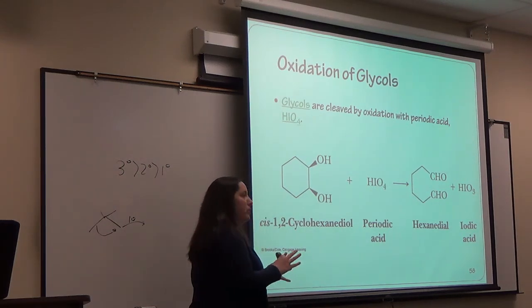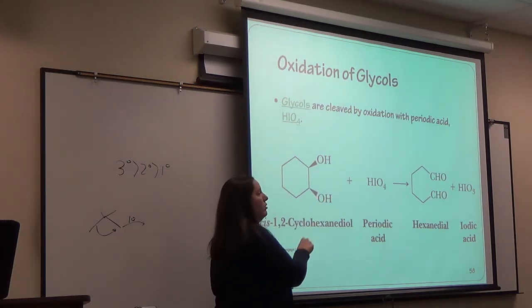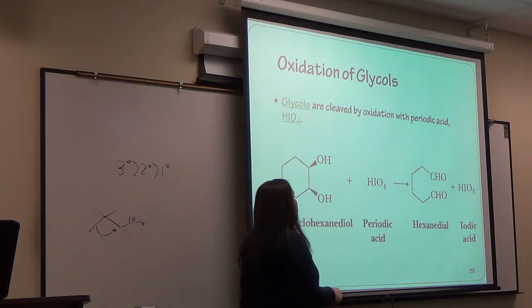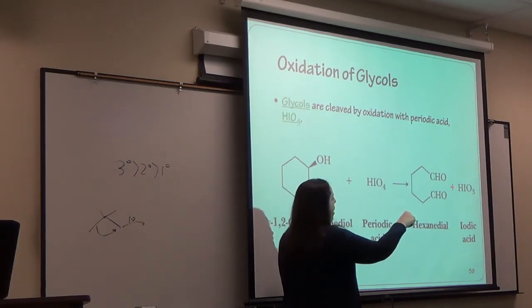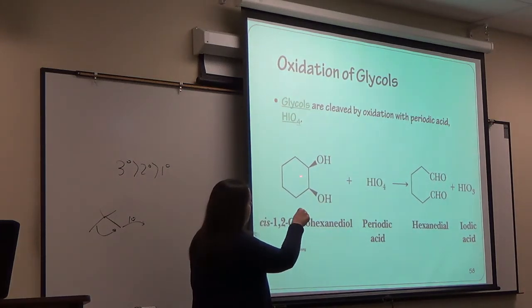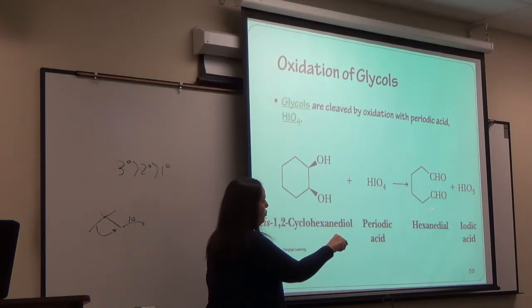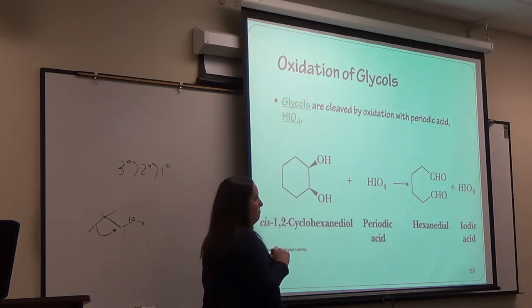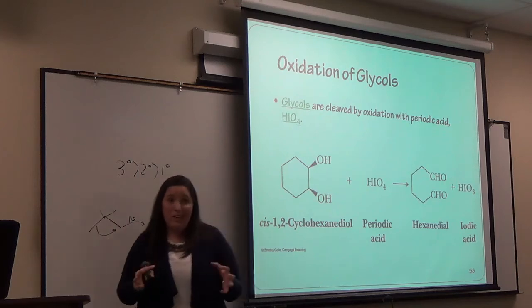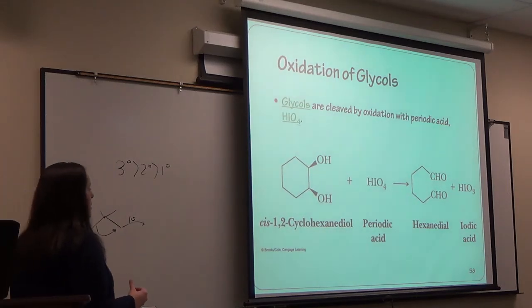When you have that particular reagent with a glycol, two diols, so two hydroxyls adjacent to each other, then you can actually break the bond between those two groups. This bond is broken in order to make the two carbonyls. That's a specific reaction that only happens in the presence of this particular reagent, periodic acid.